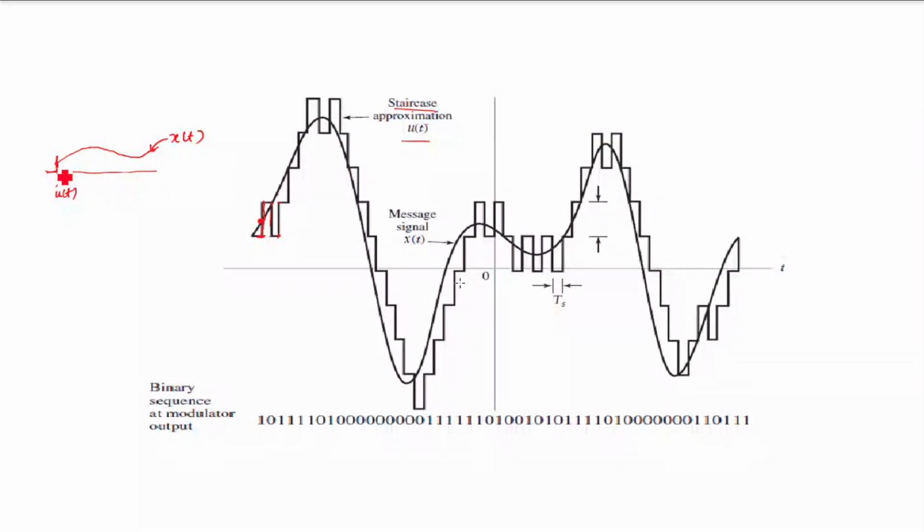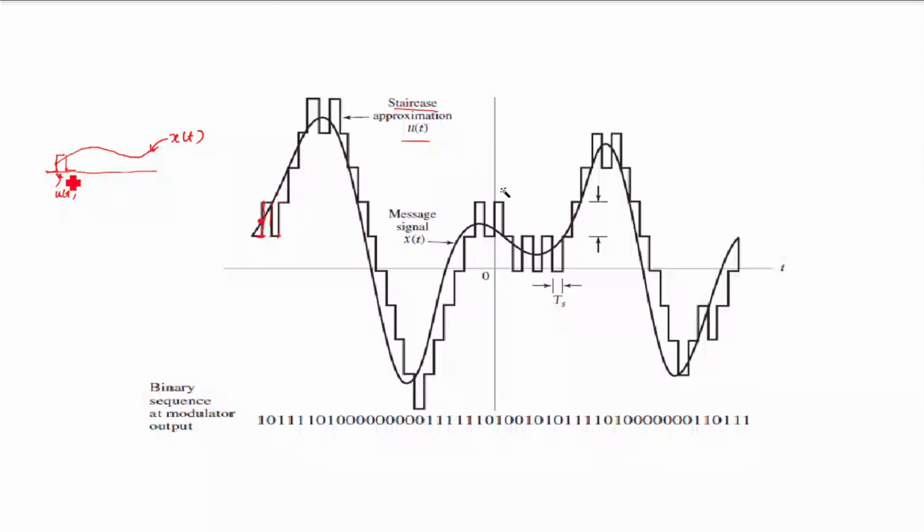Now at one more sampling interval here, the signal value is less than the approximation. What is going to happen? The difference is negative, and the quantizer will decrease the step size by delta.